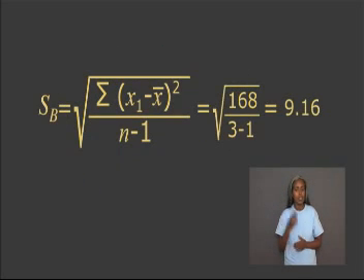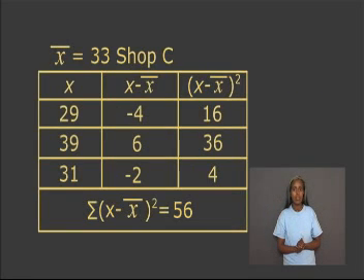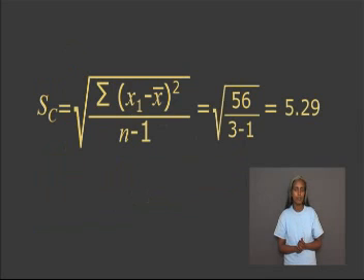Using these values, we find that the standard deviation for shop B is 9.16. Your table for shop C should appear like this. The standard deviation for shop C is 5.29. If these were your answers, great job!